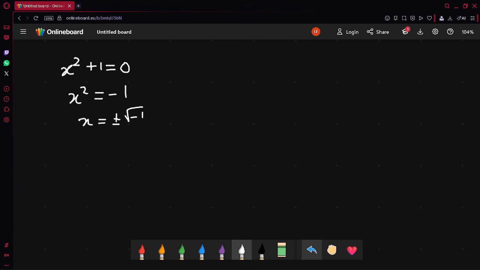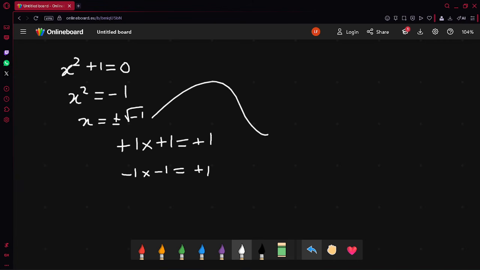Now, what is the square root of negative 1? Positive 1 times positive 1 is still positive 1, and negative 1 times negative 1 is still positive 1. So what is the square root of negative 1? This is an imaginary quantity. This is imaginary.